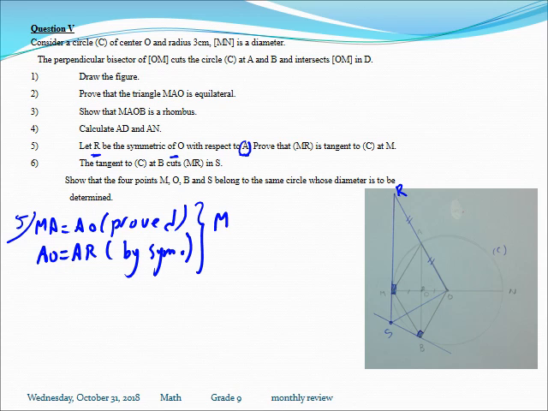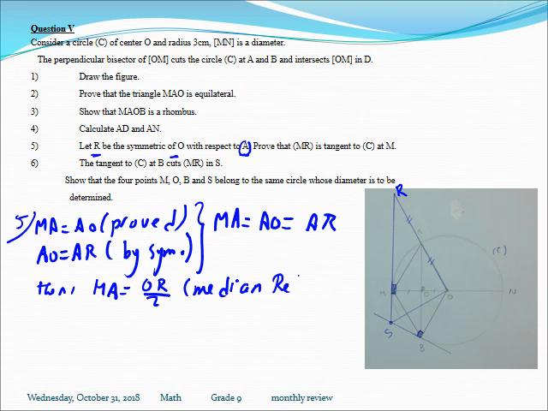So MA equals AO equals AR. Then MA equals OR over 2, a median relative to the hypotenuse.